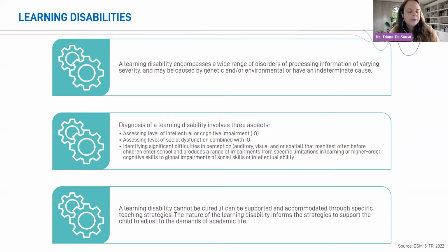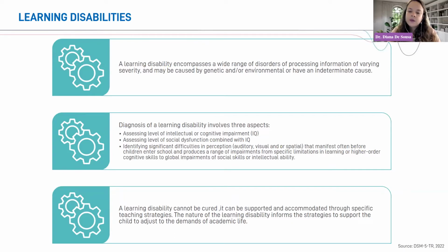As Kiara highlighted, there is a host of various professionals that are involved in the diagnosis of a learning disability. At a very basic level, it involves the assessment of intellectual or cognitive impairment, in many times referred to as the IQ or intelligence quotient. Also assessing a level of social dysfunction combined with IQ, so your social and emotional skills, as well as looking at particular cognitive processes involving auditory, visual, or spatial processing that tend to manifest before the child enters school and produce a range of impairments, from specific limitations in learning to specific higher order skills.